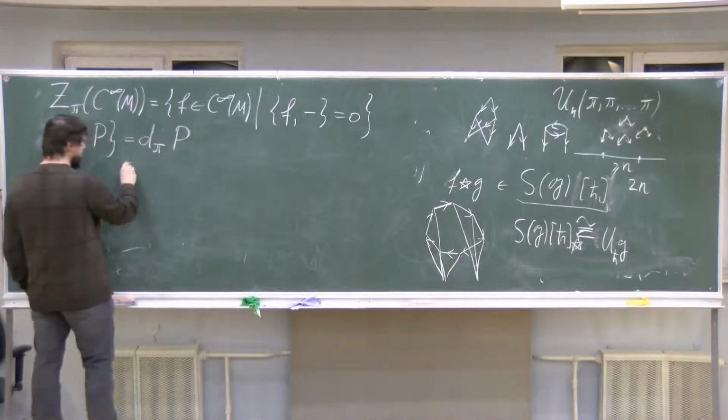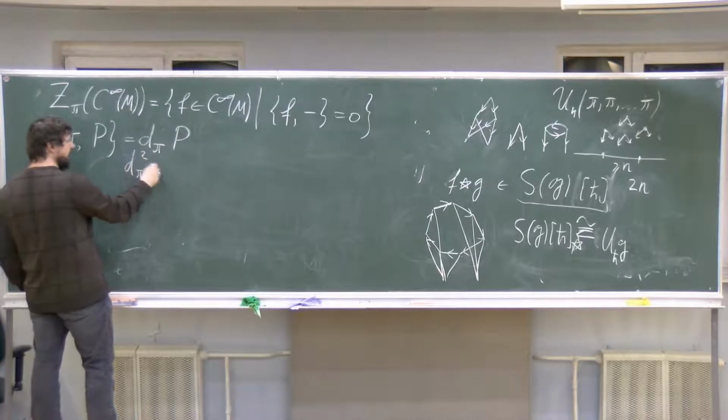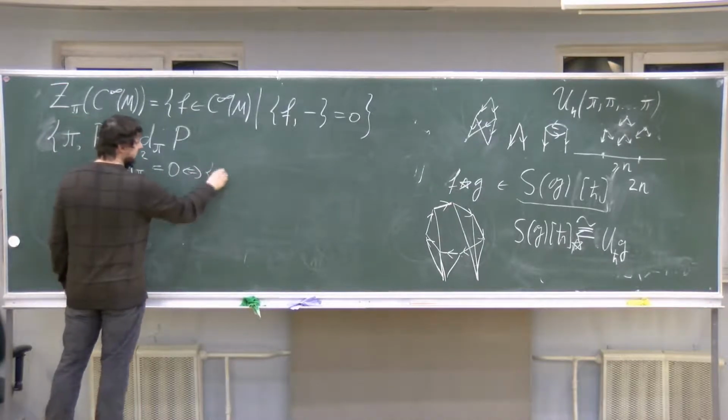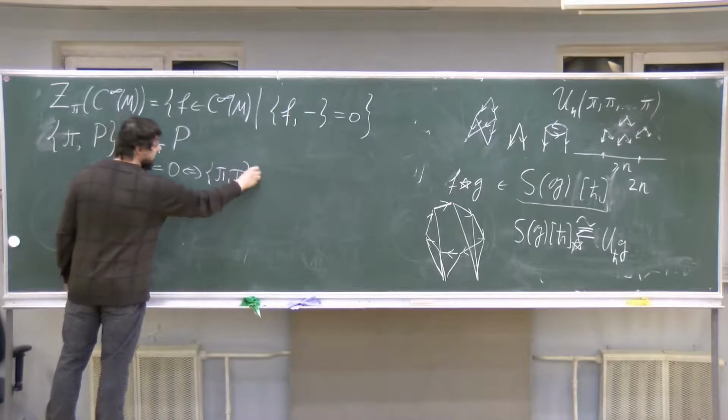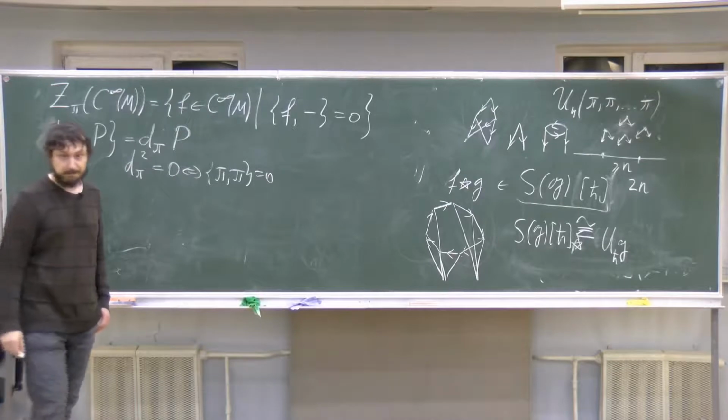It is easy to see that d pi squared is equal to 0 if and only if pi is Poisson, right?